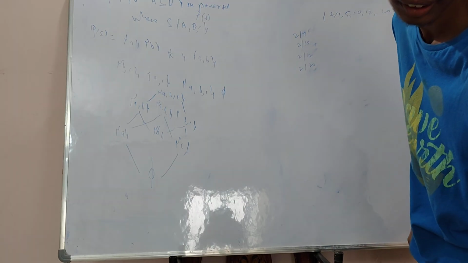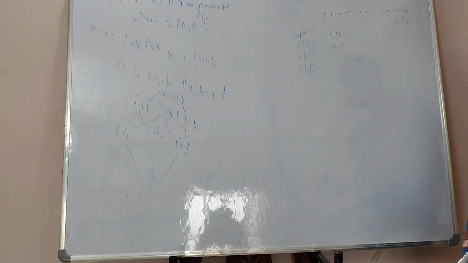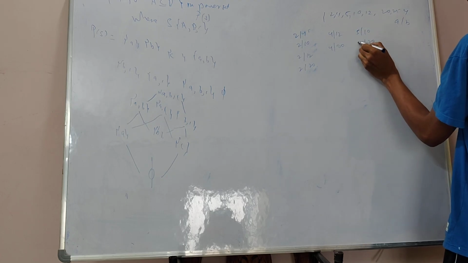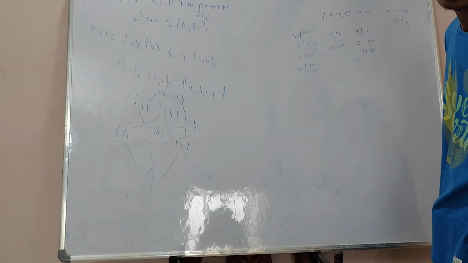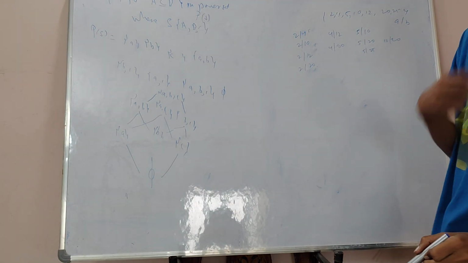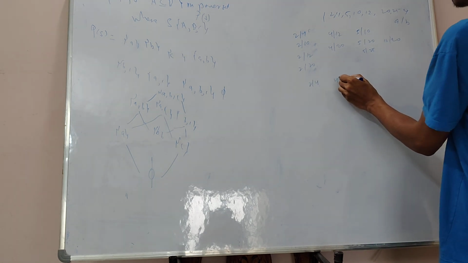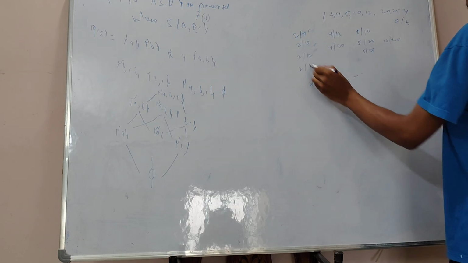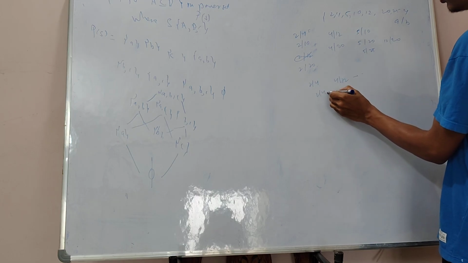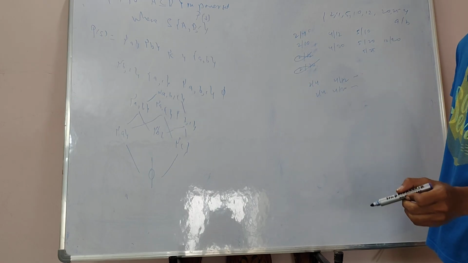Then 12 is divisible by 4, 20 is divisible by 4, then 10 is divisible by 5, 20 is divisible by 5, 25 is divisible by 5, and then 20 is divisible by 10. Now I can see 2 to 4, and 4 to 12, so it is transitive, so I will remove this one. And 2 to 4 and 4 to 20, so I will also remove 2 to 20, that is this.